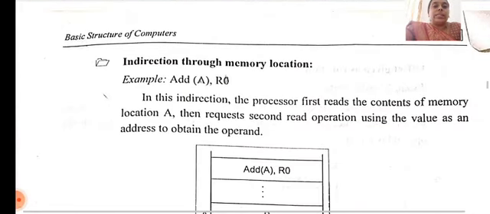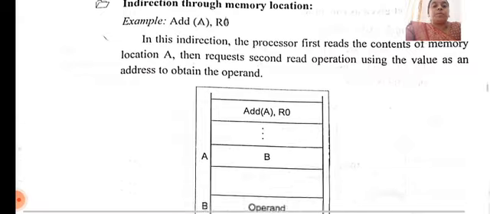The second one is indirection through memory location. For example, add (A), R0. The processor first reads the content of memory location A. In the previous case, the processor read the content of a register. In this case, the processor first reads the content of memory location A, then performs a second read operation using this value as an address to obtain the operand.